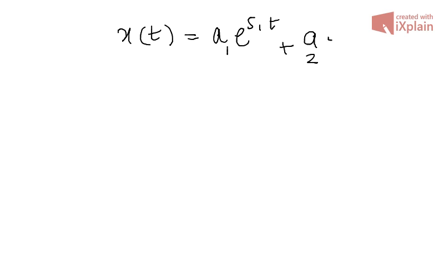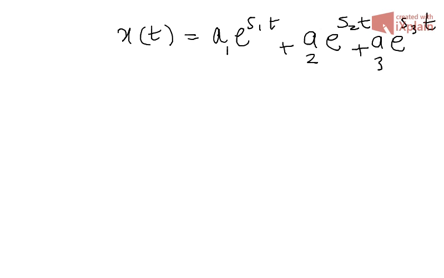With this example, we can always extend it, because we have an LTI system. Suppose your input x of t is in this form: a1 e raised to the power s1 t plus a2 e raised to the power s2 t plus a3 e raised to the power s3 t.